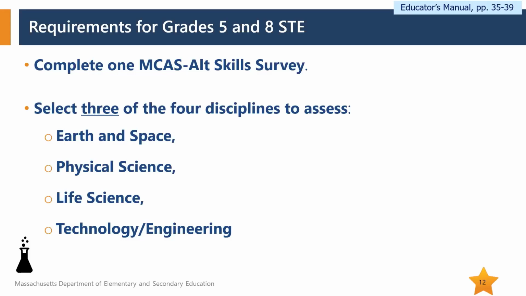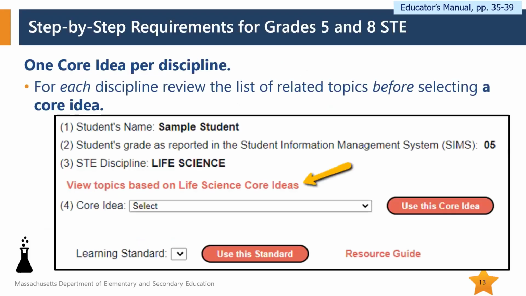So the next thing we're going to talk about is the core idea. So hold on to that paper for a moment. Each discipline has a list of topics. Remember, I talked about that before. Those topics, you can say view topics based on life science core idea. You can go in and look at that list before you select what you want.